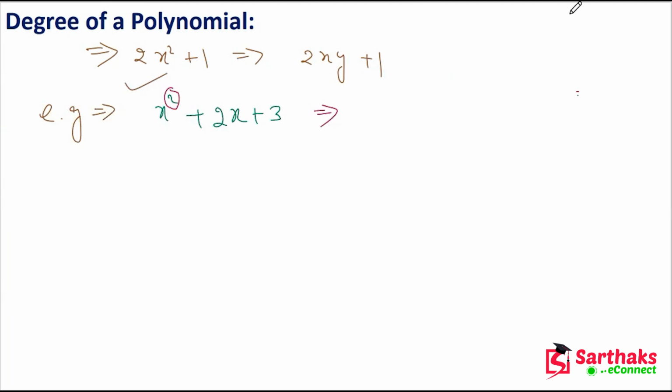Yes, 2. So the degree of the polynomial is 2. I hope you get this point. Now we are talking about the degree of a polynomial in one variable.